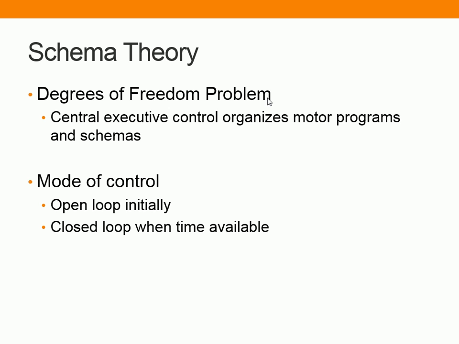And then if there's time available, if we're doing a type of skill that is not so quick that there's not time for feedback to get back, we can shift from open loop control to modifying, basically adding different schemas to that generalized motor program through the feedback that we receive. So we'd start with open loop control, we send out our initial instructions, but then if feedback becomes available, that's additional information that helps us to modify schemas to adapt the movement to meet our specific needs at this time.